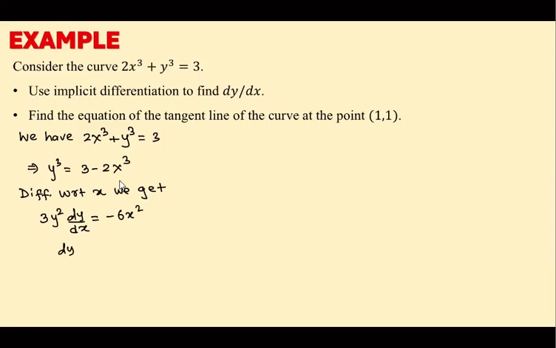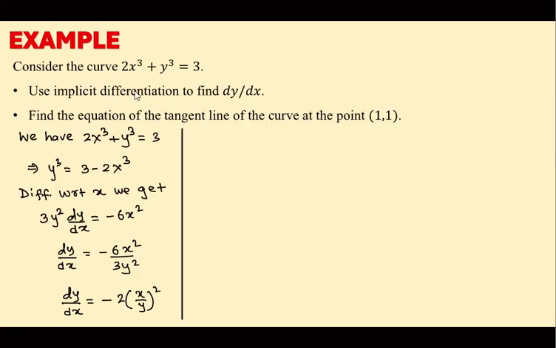Now if you divide both sides by 3y squared, the derivative is equal to negative 6x squared over 3y squared. Since 6 divided by 3 is 2, I can write negative 2x squared over y squared. So that is the answer to the first part. We were asked to find the derivative, and we got that derivative.